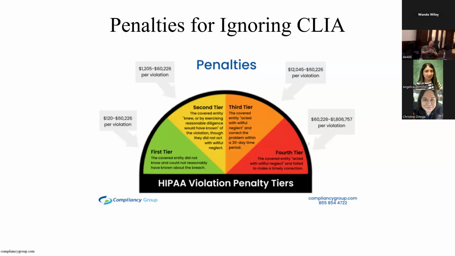So when CLIA comes to inspect, they don't come to inspect with the hammer. They're coming to help you. But if they find deficiencies that are too severe for them to help you, or if they find problems and they give you a chance to correct them and you don't correct them, they can come down and completely shut down your lab. And it's very expensive to get a lab started. And once you lose a certificate, you will not get it back.